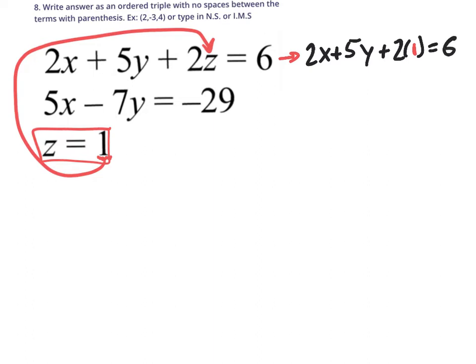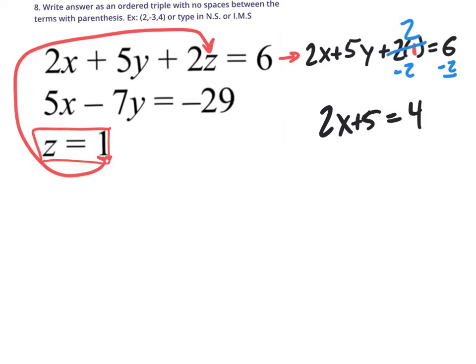Now, because I don't have a z value anymore, I'm going to rewrite this equation with the number on the right side. So in other words, the 2 times 1, that's just 2. And I will subtract 2 here and subtract 2 over here, giving me 2x plus 5y equaling 4.